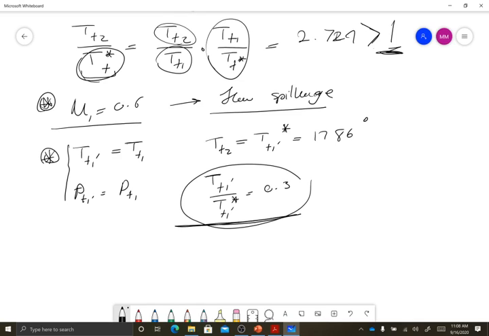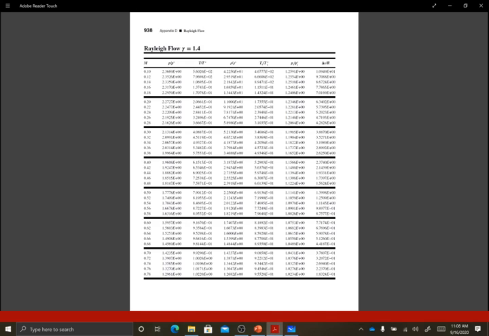So using this ratio, we can go to the Rayleigh table. Okay, which I think I should have open here. Yeah, this one I have open. Rayleigh table, T over T star, we have this parameter right here, which is 0.3, right? So we have to look for 0.3.